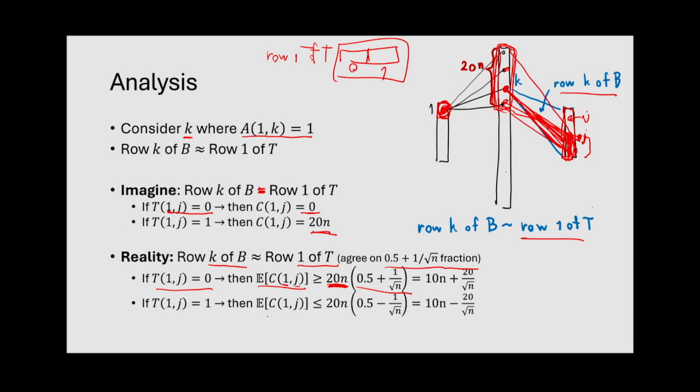And if this is 0, sorry, this should be 1, this is 0 here. 20n times 1 over root n is 20 root n plus 20 over root n.